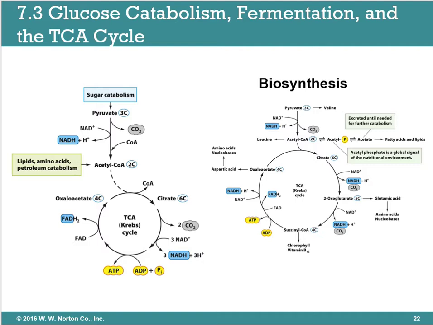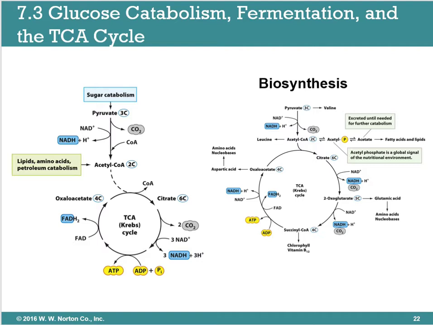What happens ultimately in the TCA cycle is that the acetyl-CoA that came from the pyruvate is utilized and further broken down to yield NADH, ATP, and FADH2. That's pretty much it.